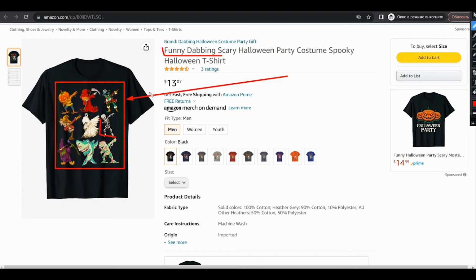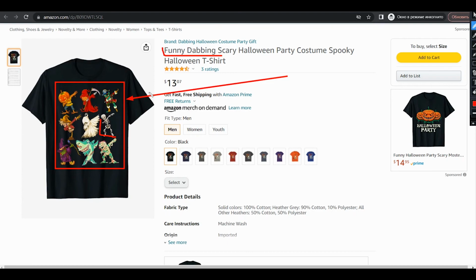Anyway, dabbing is a really good trend, a good thing for different holidays, also for Christmas parties, but for Halloween it looks and works really great.